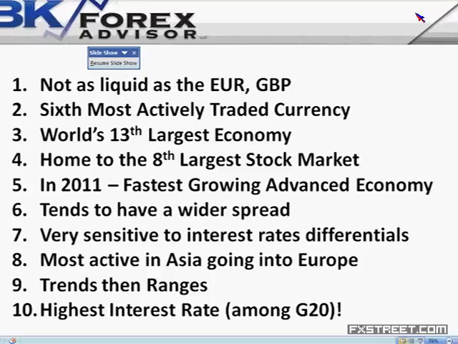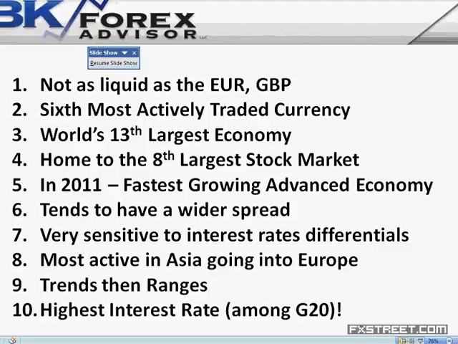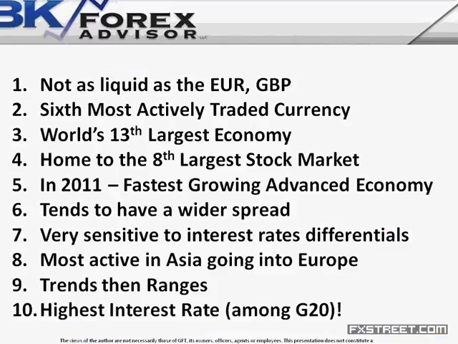First and foremost, it basically means that we tend to have more jumpy and erratic price action in the Aussie. It also means that we can have periods of time where the spread in the Australian dollar can get a little bit wider. So it really depends upon the time of day that we're trading, as well as the type of environment that we're trading in.